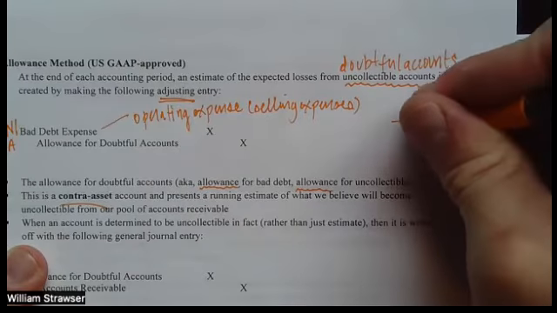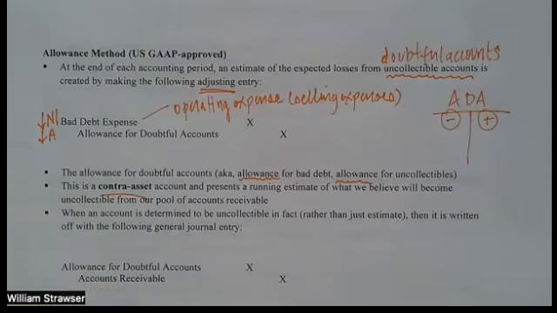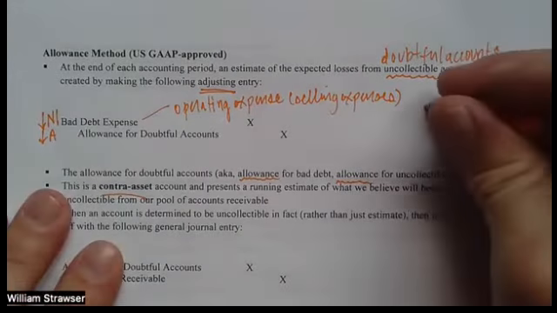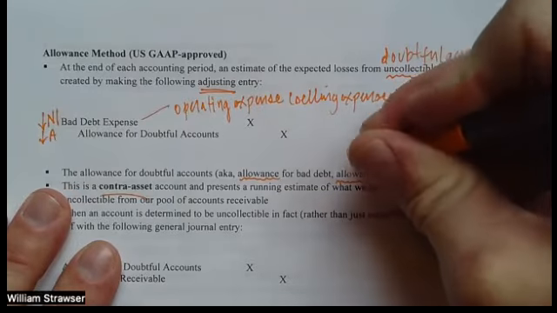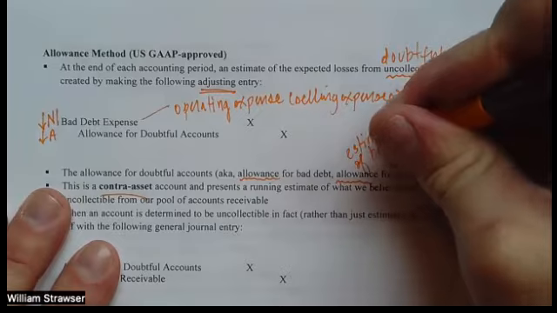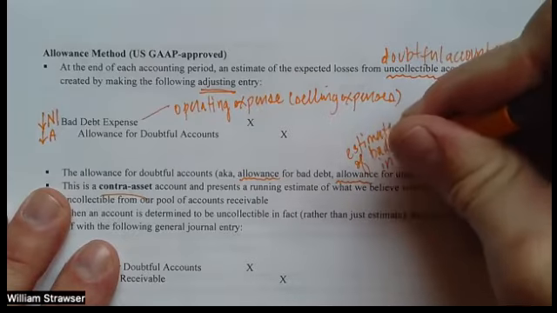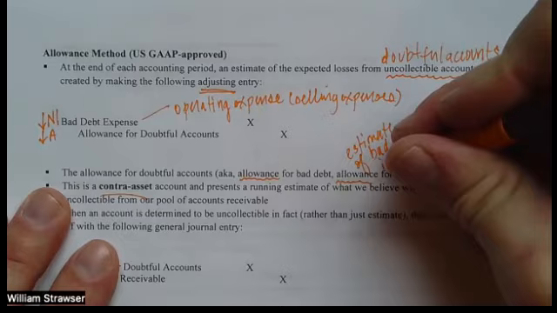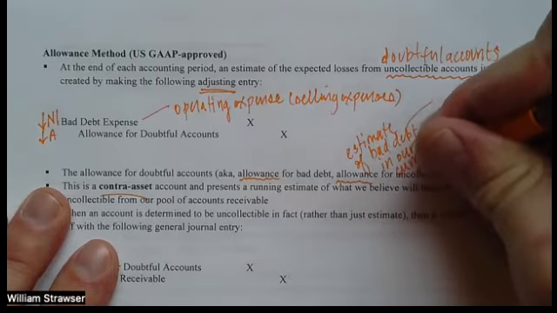It's increased by credits, decreased by debits. And all it represents is a running estimate of bad debt in our current receivables.